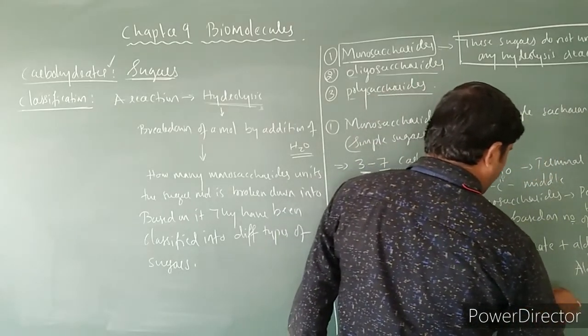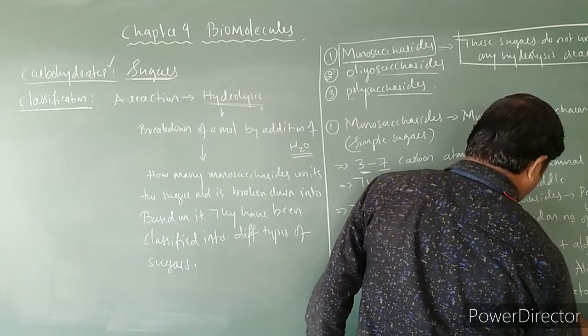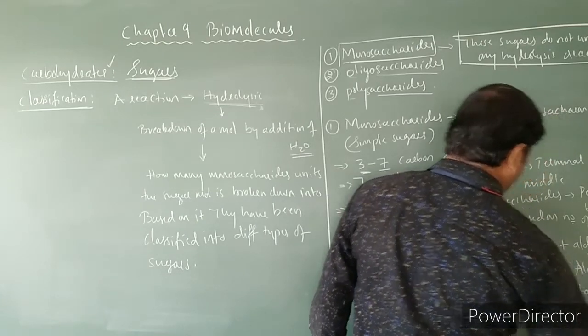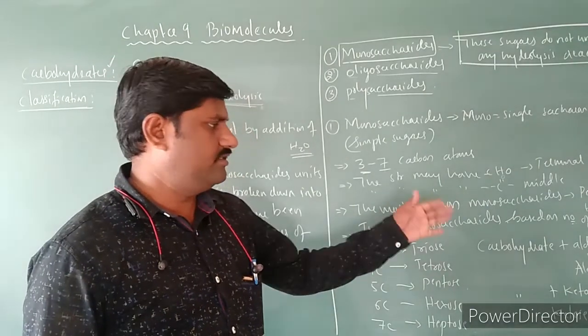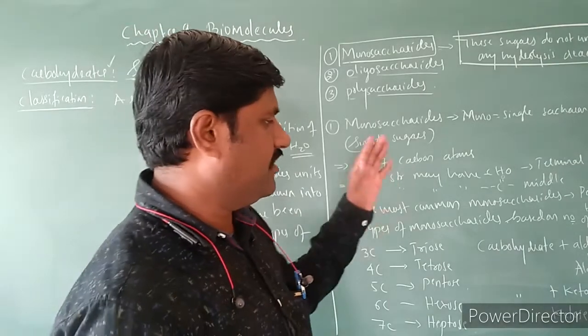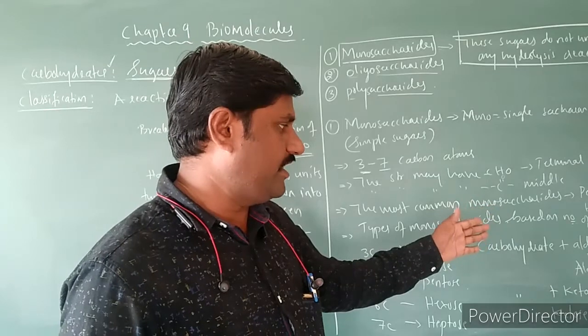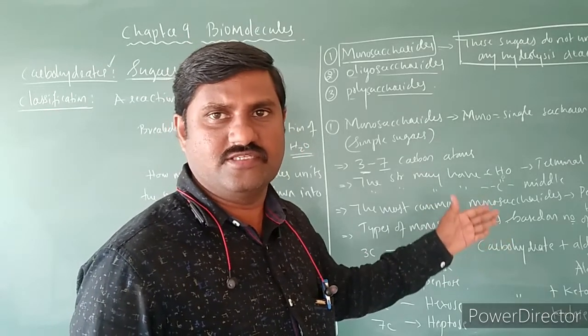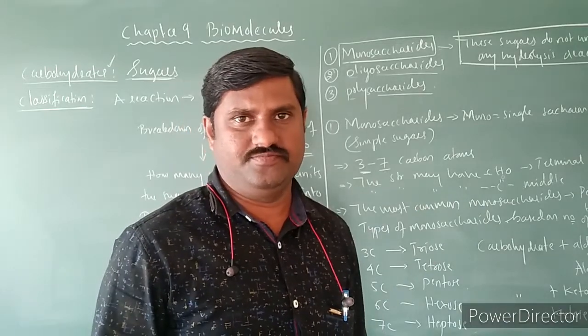If the carbohydrate contains a keto group, they are called ketose sugars. Like this, based on the type of group, they have been named aldose sugar as well as ketose sugar.